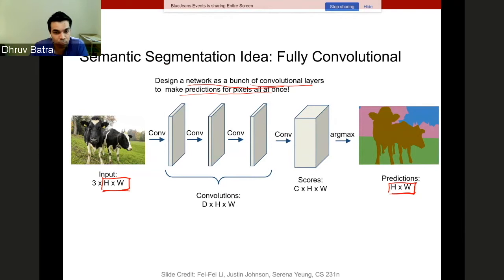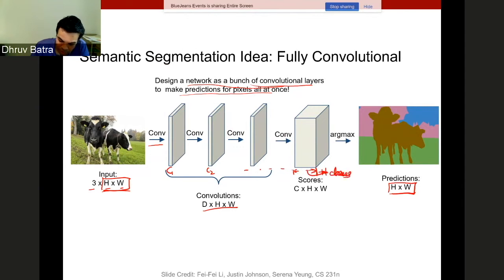It will never have any pooling layers. So I start with a 3 by H by W. I perform some convolutions. Maybe there's a C1 number of channels here, C2 number of channels here, and so on. And maybe the channels are increasing at the last. So all my convolutions stay at the full spatial resolution. At the last convolution layer, I will convert the number of channels to be the number of classes.